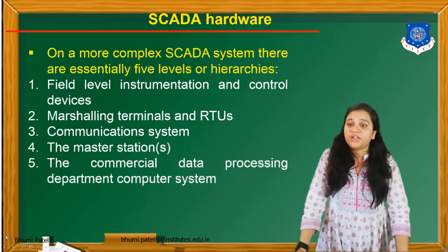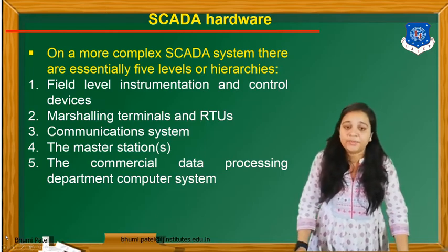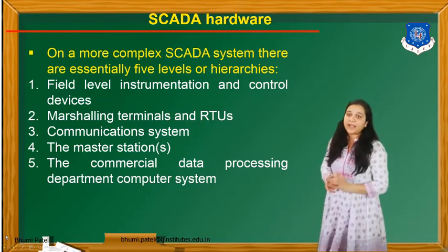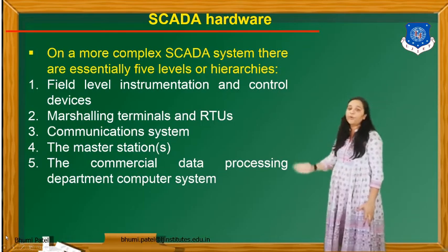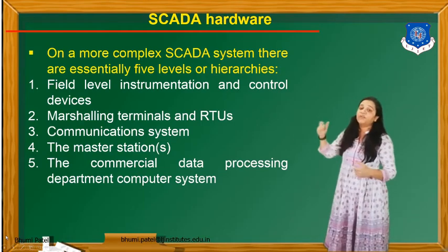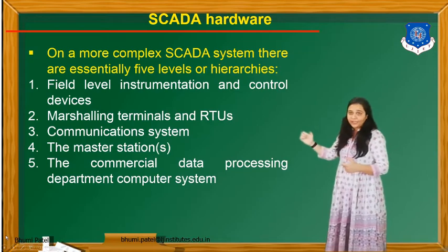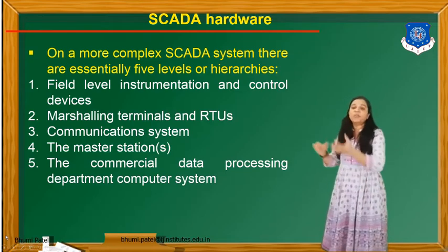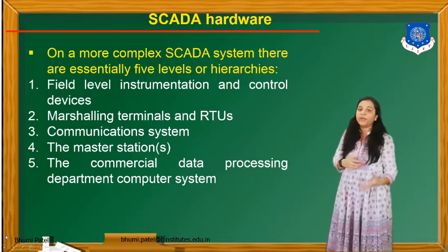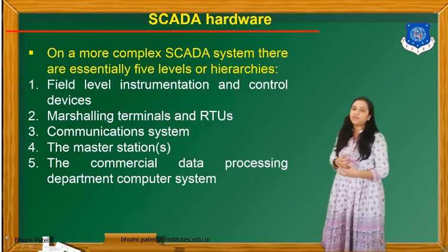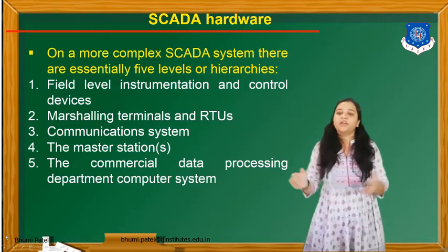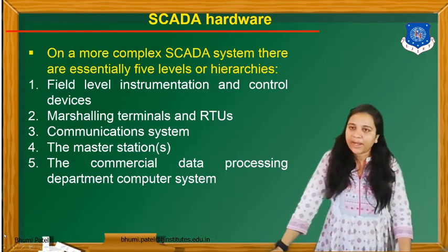And the fifth one is the commercial data processing department computer system. Whenever we deal with this SCADA hardware, the 5 levels are most important: first the field level, then the RTU, then the communication system between the field and the master computer, then the master station is required, and we require the data processing department.